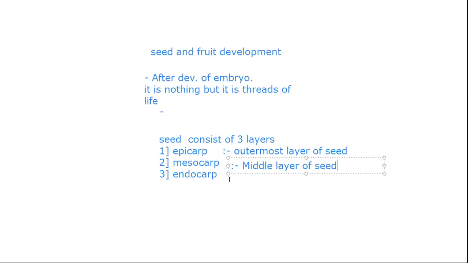And the last one is the endocarp, the inner layer of the seed. So it's very simple, according to the names: epi means outside, outermost, meso means middle, and endo means inner side. These are the three layers commonly found in the seed.